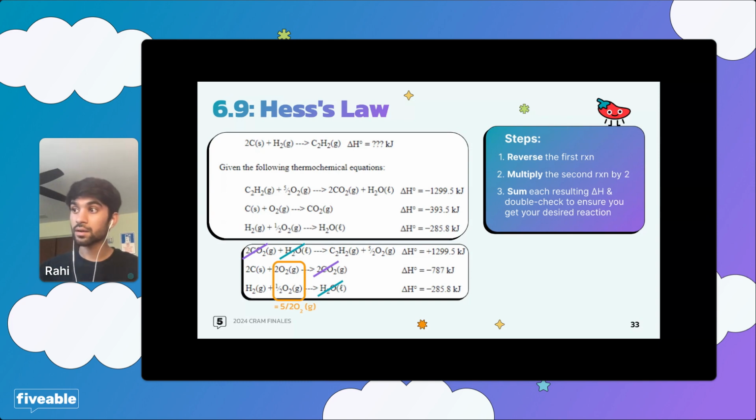Okay, that's fine. But I will say this: if you are someone that recognized the fraction and instantly multiplied the entire equation to get rid of the fraction, that's okay as long as you're consistent, right?